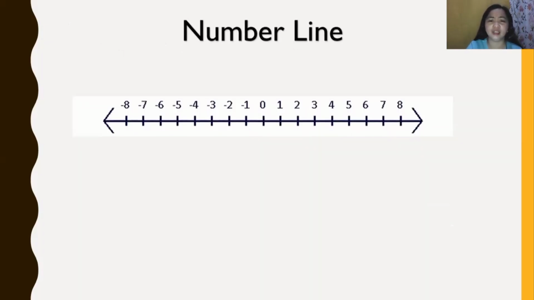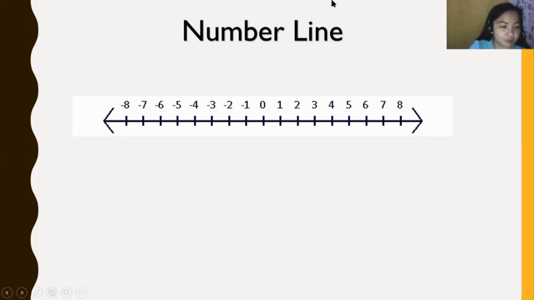In a number line, you can find 0 at the middle of our number line, and the negative numbers can be found at the left side, and positive number can be found at the right side of the number line.